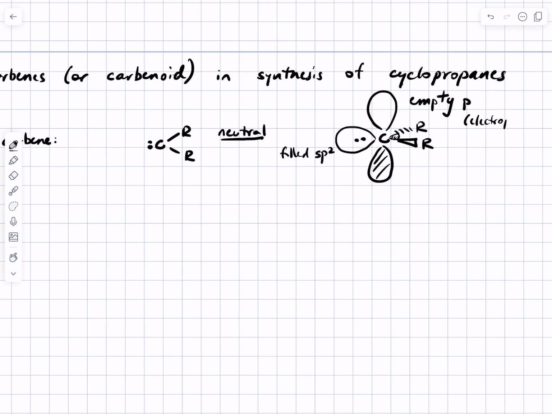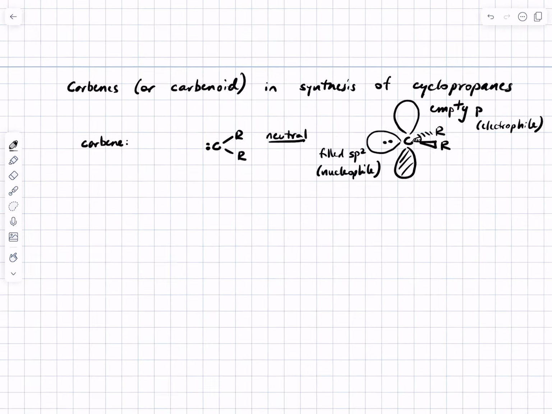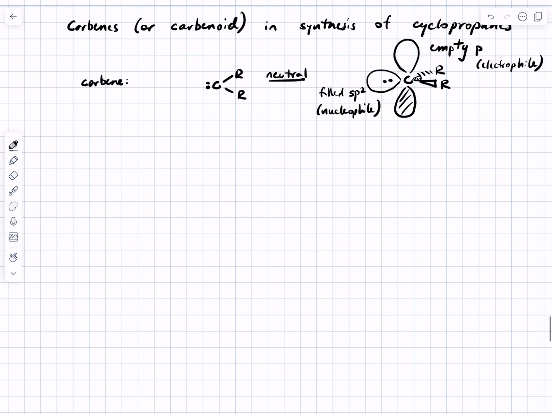It is an electrophile in its empty p orbital, and it is a nucleophile in its lone pair. And so carbenes are able to do interesting reactions that involve both nucleophilic attack and electrophilic attack.